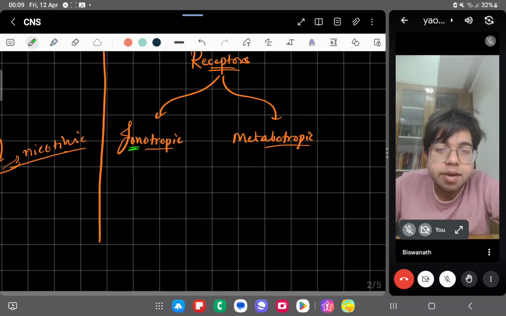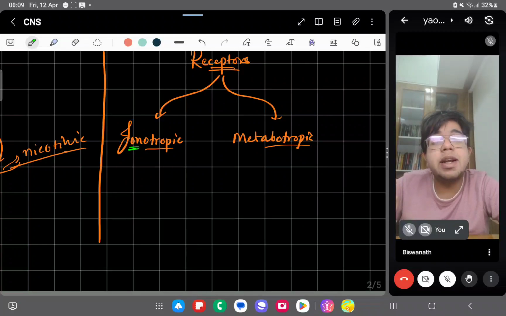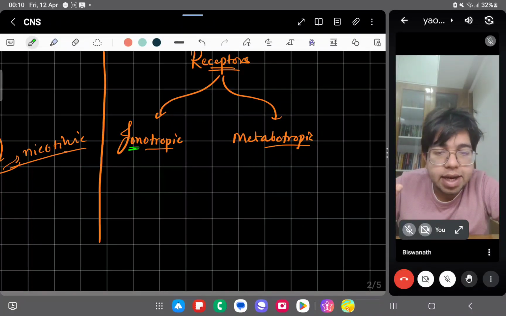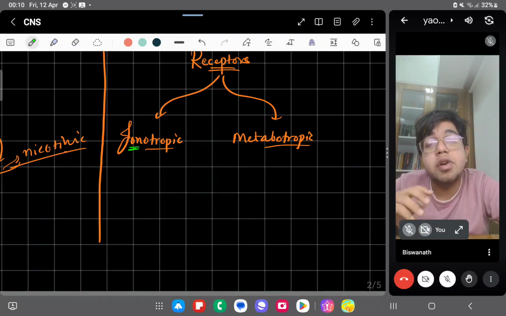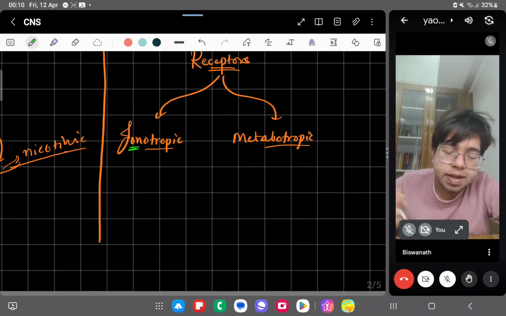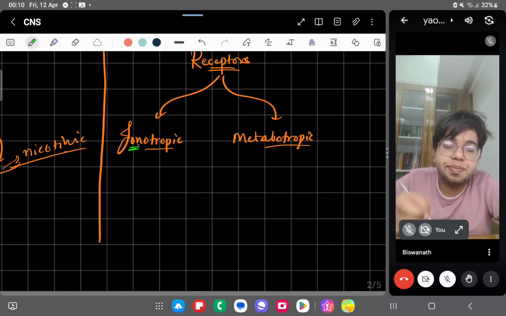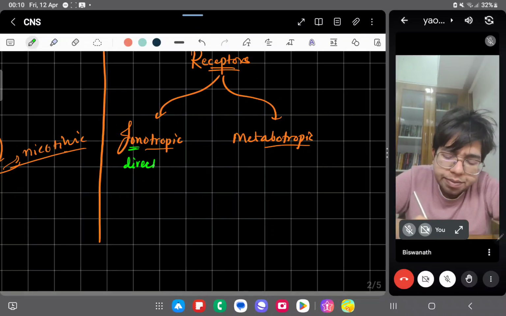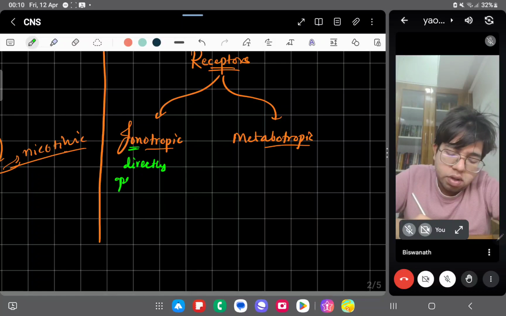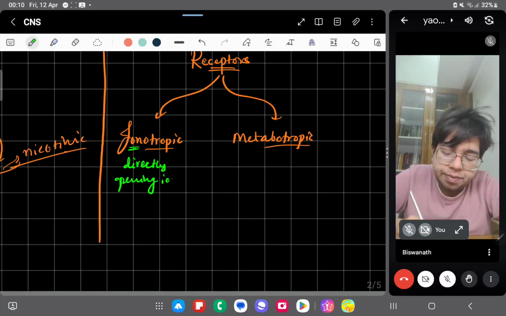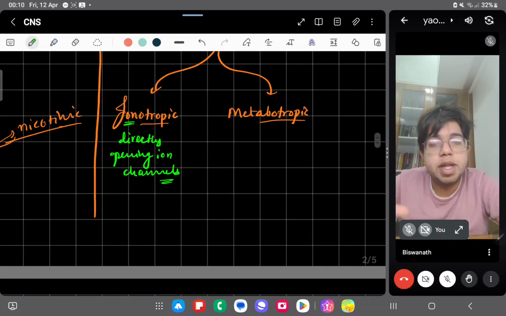Your sodium channel, potassium channel, these are your cation gated channels, and chloride channel, bicarbonate channel, these are your anion channels, anion gated channels. So ionotropic receptors are directly opening ion channels, right? They will directly open the ion channels.